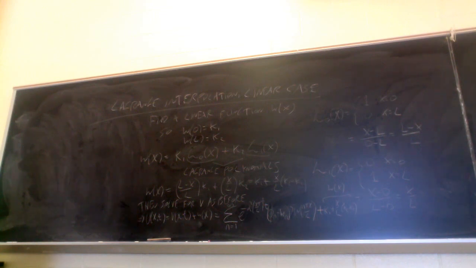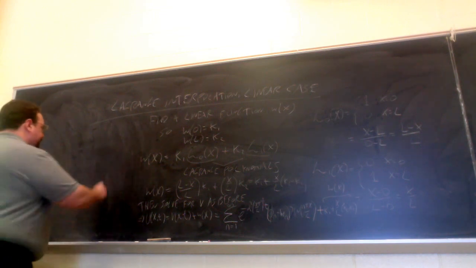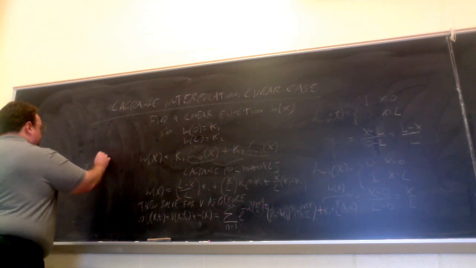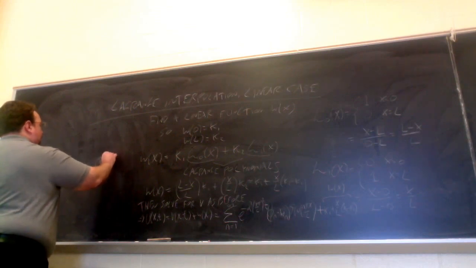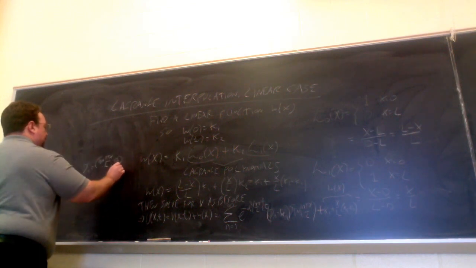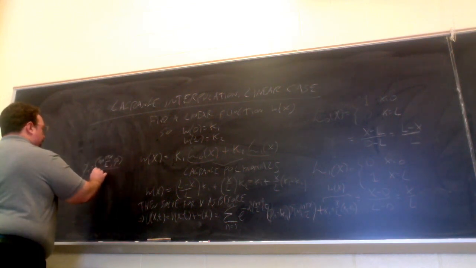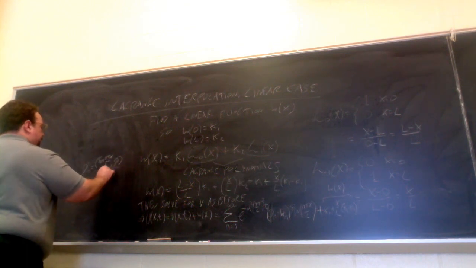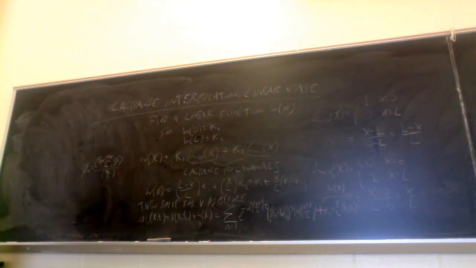Just for completeness' sake, these coefficients, so phi n is the inner product of sine n pi x over L with v, divided by L over 2, the inner product of sine n pi x over L with itself.